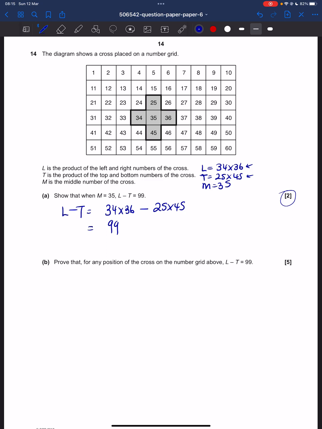Okay, so let's think of a random M. There's this cross.